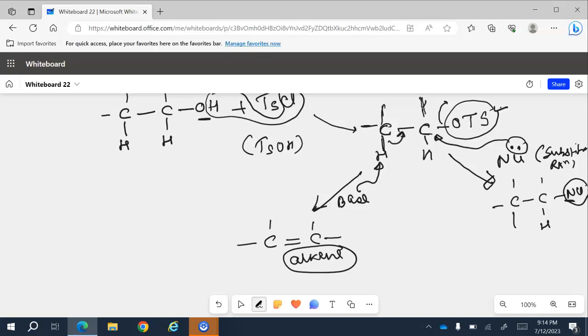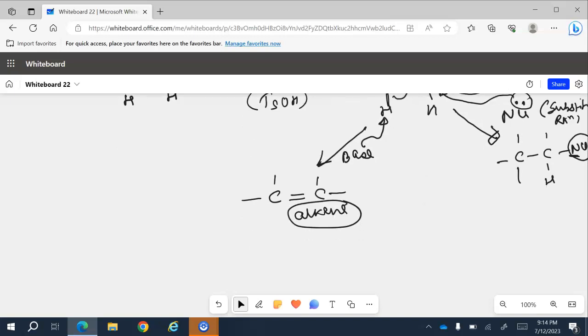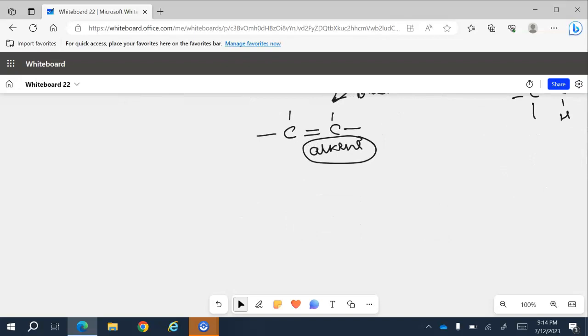The thing is, we are making OTs as the leaving group and can do a variety of reactions with that. So that is how the alcohol can act as the nucleophile or electrophile and can give a variety of reactions there.